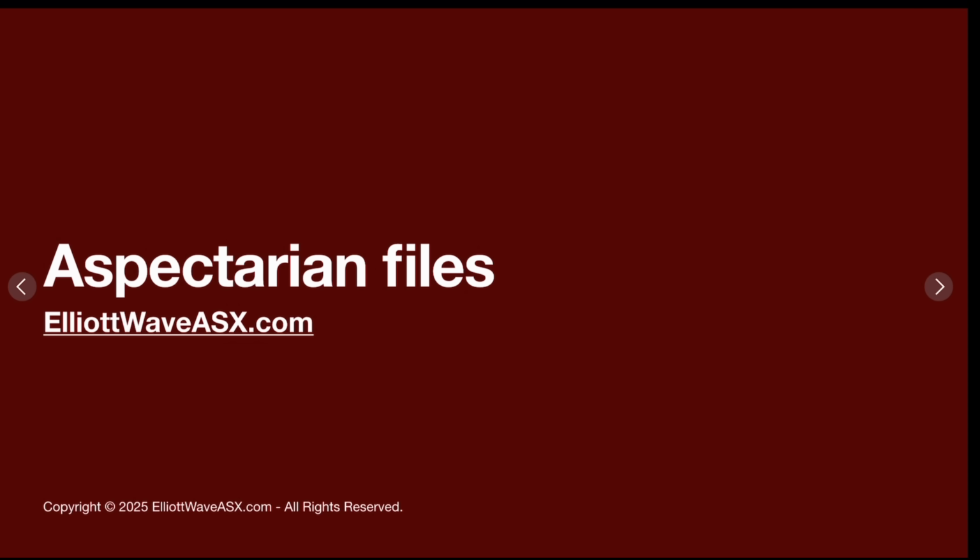Even if you were familiar with that information, you'd need to look at every combination of every planet, and the fast moving ones you'd have to do almost on a daily basis. So it's no wonder why most people don't get stuck into Gann's real work, because it's just too much work to do. But what we've done is created what we call Aspectarian files.